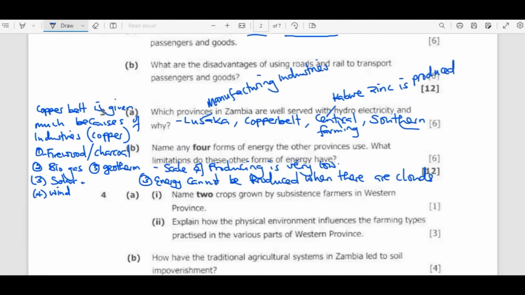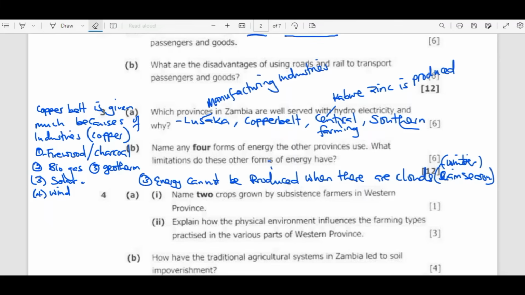So now, because of this, we are saying that during rain season, we experience difficulties. And then not only that, winter, when the sun does not come out, then obviously that becomes a limitation.